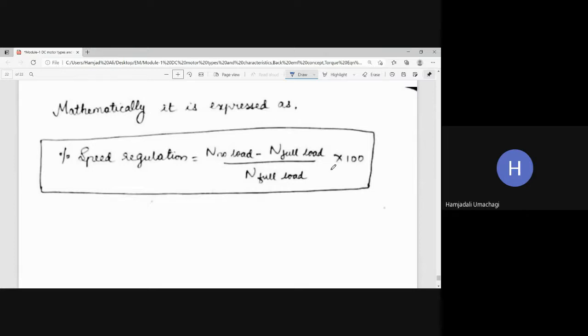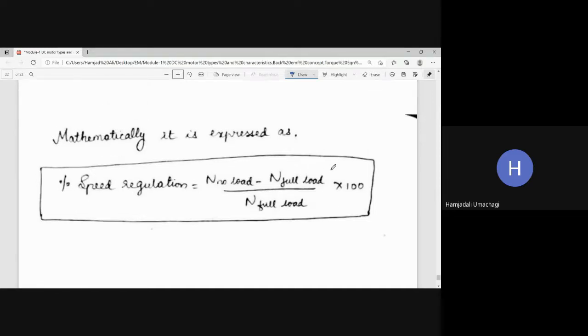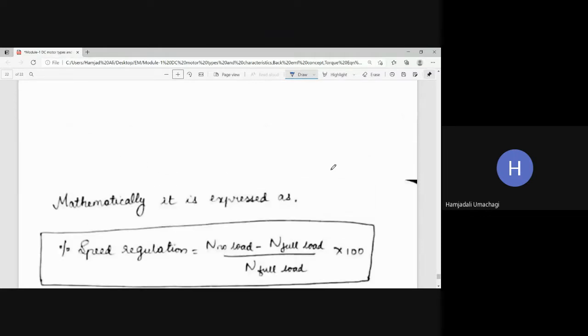So at what percentage of the full load speed has the speed been reduced after connecting some load? That concept is nothing but speed regulation, like how you have studied voltage regulation. Voltage regulation tells you how much drop there is in the voltage. Similarly, speed regulation will tell you how much drop there is in the speed. Is it clear? Yes.